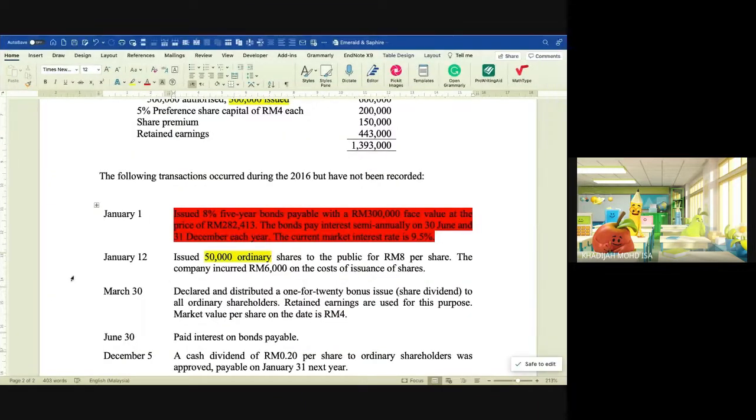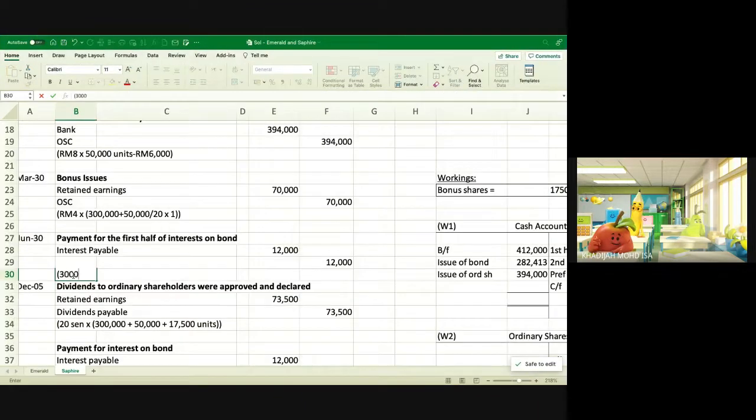Let's do it. 300,000 times 8% times 6/12, because it's an interim. So 300,000 times 0.08 times 0.5 is 12,000. So that's how you get 12,000. Why? Because this one is the interim, the first half of the interest. The 8% is the interest on the bond.